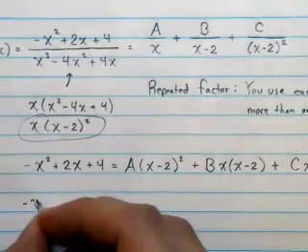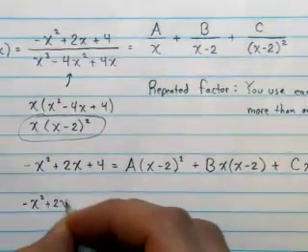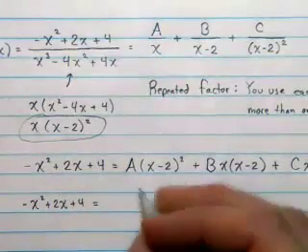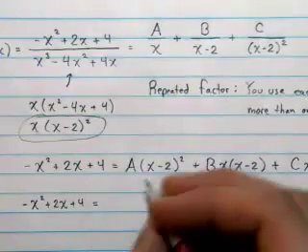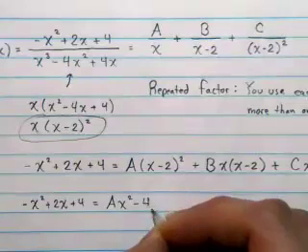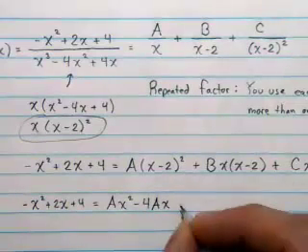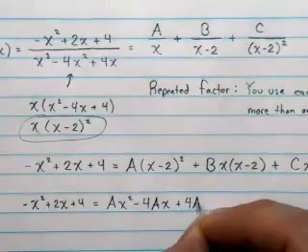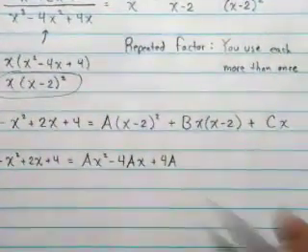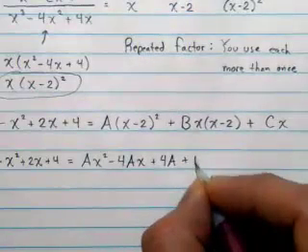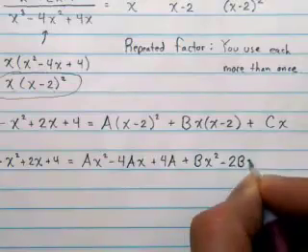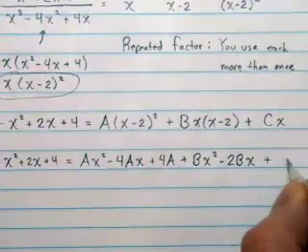So we're looking at negative x squared plus 2x plus 4 equals, if I multiply this out and then distribute an A, ax squared minus 4ax plus 4a. That's all just from here. And then the next one, if I distribute the bx, squared minus 2bx, and then I got my cx.